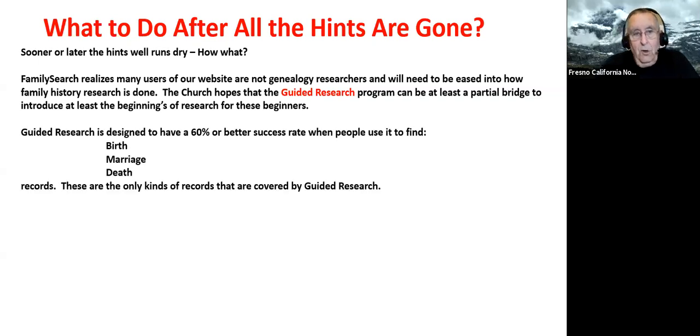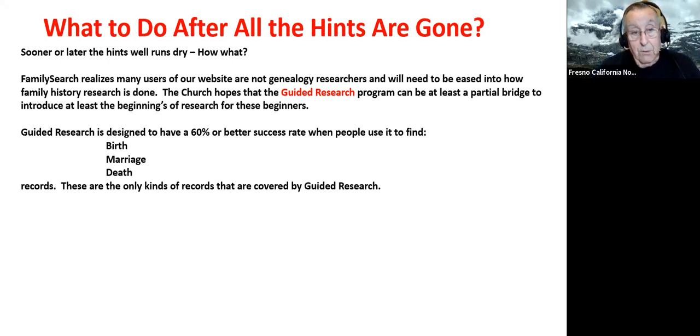And so their goal was to develop a tool that would work at least 60% of the time. Their goal was to have at least 60% of searches in guided research come up with a result, or better if they could. And they were going to limit it to just 3 kinds of records: birth, marriage, or death, because those are the 3 main topics about a person that we need.